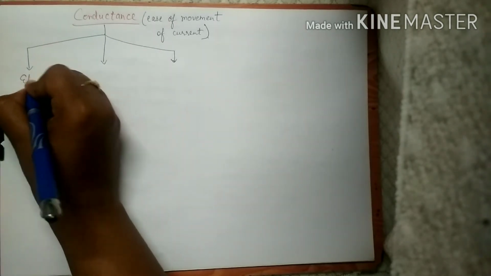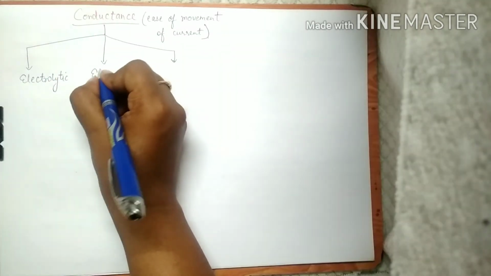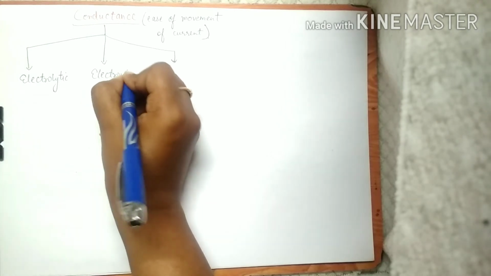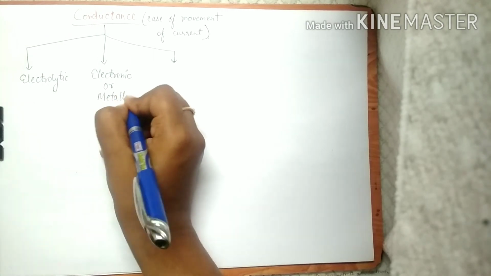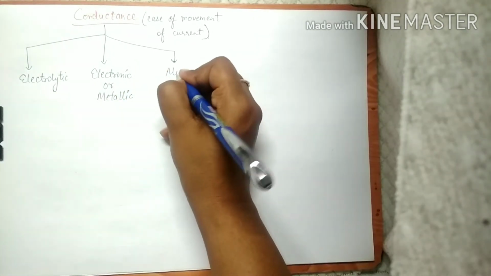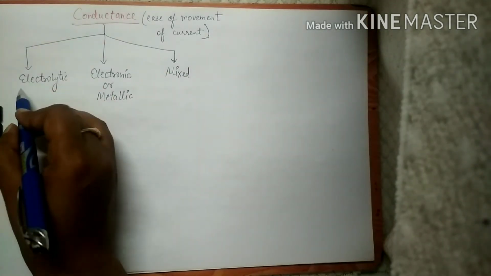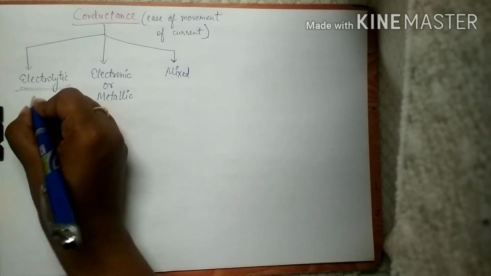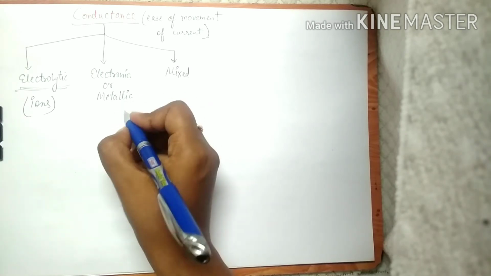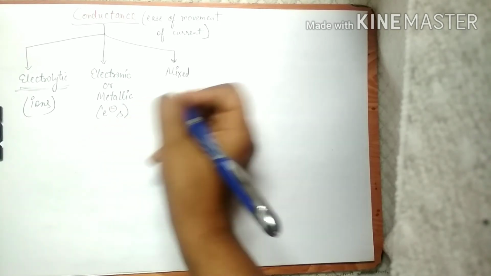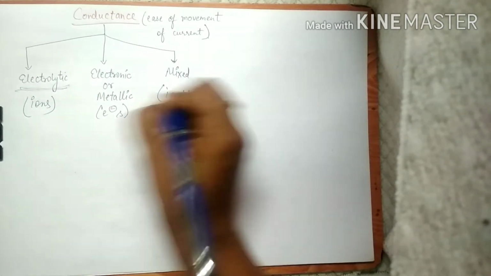It could be your electrolytic conductance, it could be electronic conductance, or also called as metallic conductance, or it could be mixed conductance. So for electrolytic conductance, ions are responsible. For electronic or metallic conductance, electrons are responsible. And for mixed conductance, ions plus electrons are responsible.